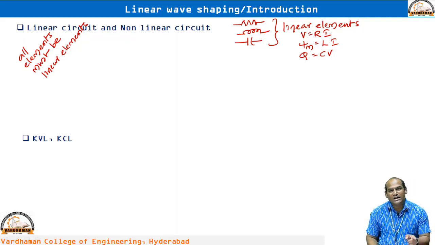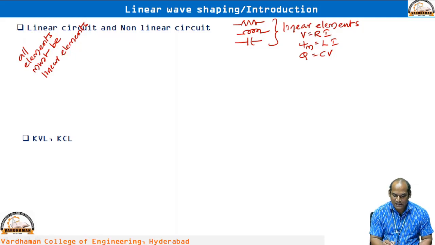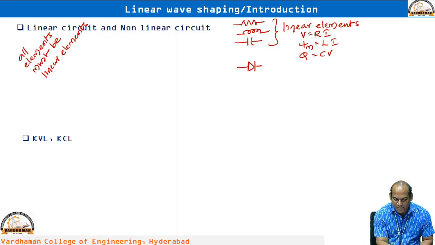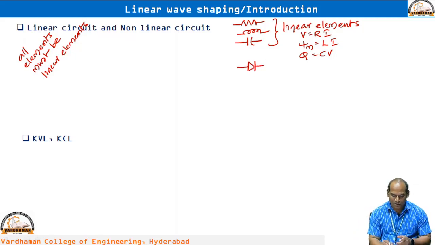Now, what are the non-linear elements we have? Diode is a non-linear element. How to tell that? This is the diode circuit symbol I have taken.